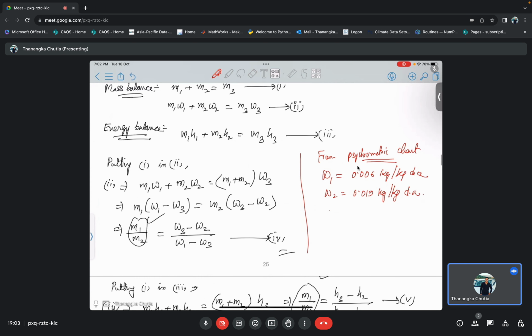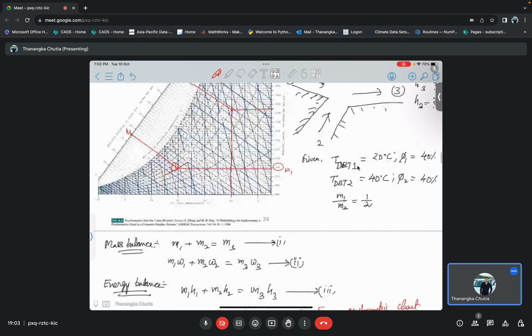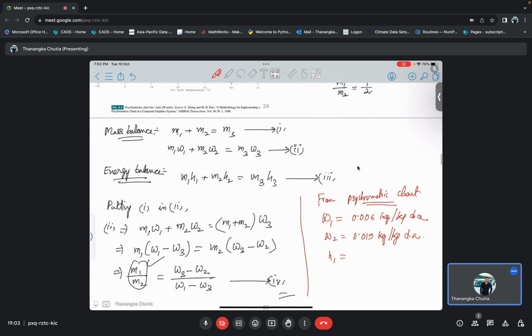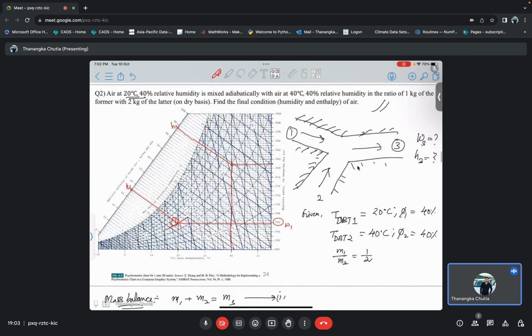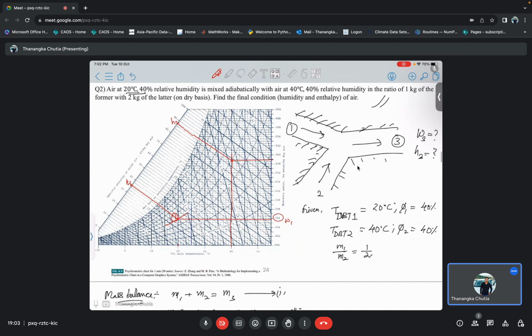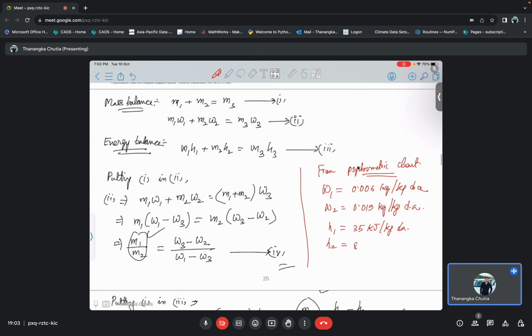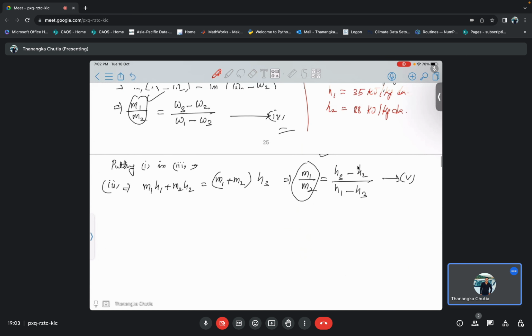Similarly, H1 we get close to 35 kilojoule per kg of dry air, and H2 we get close to 88 kilojoule per kg of dry air.